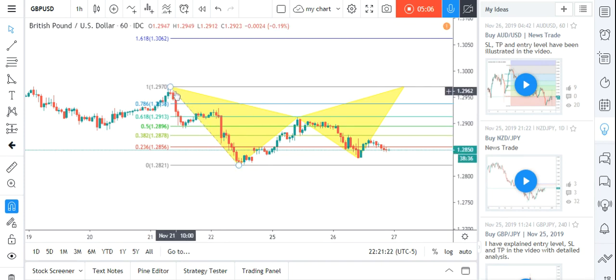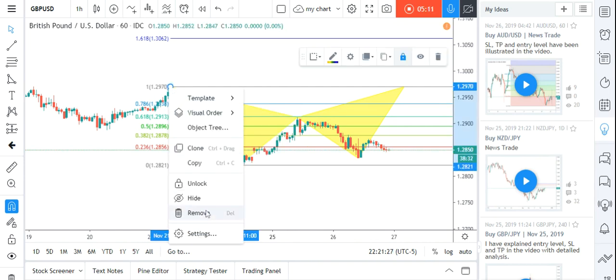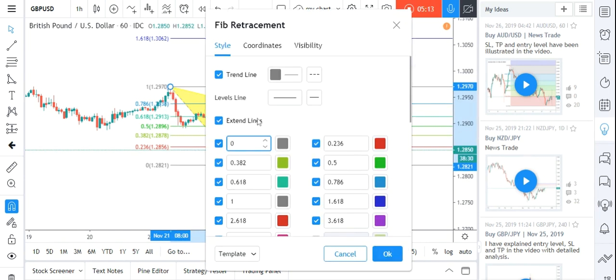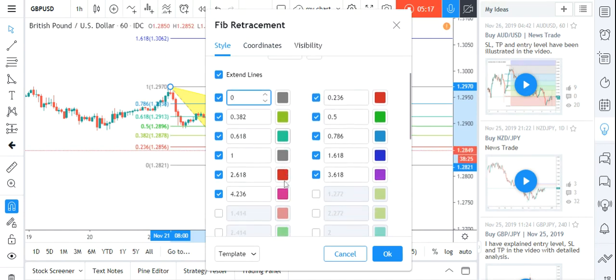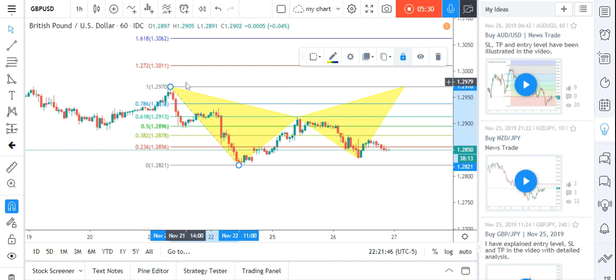So I will have to edit this. Right click, settings, Fibonacci retracement. I'll just remove 2.618 and add 1.272. Okay, so we got this level.